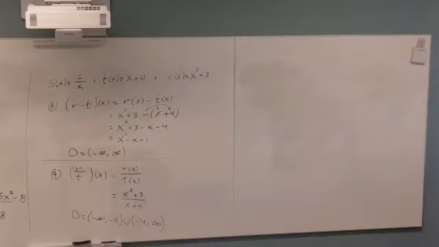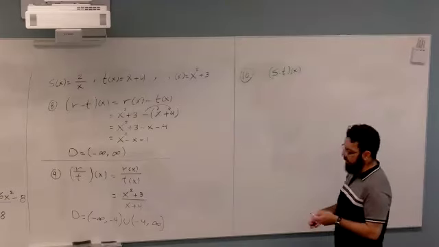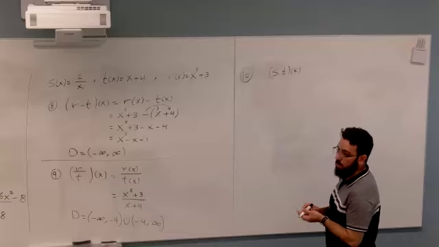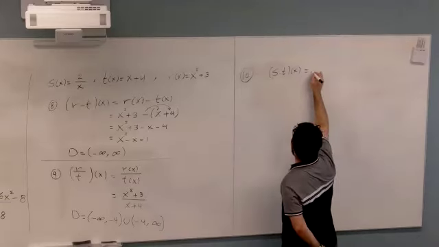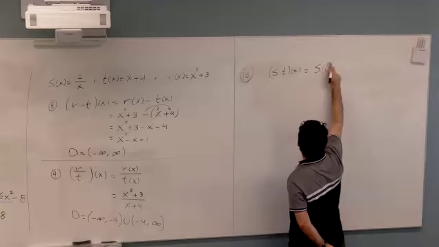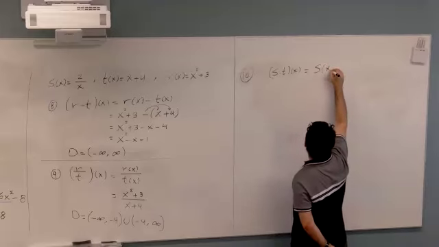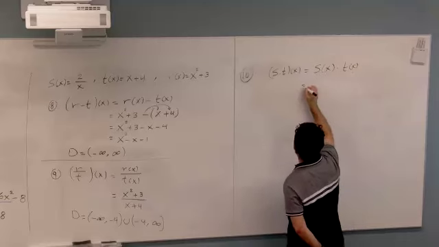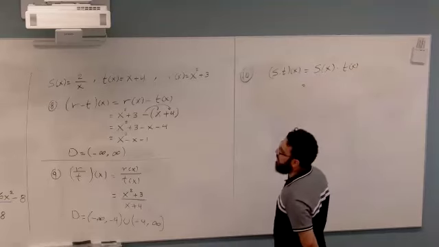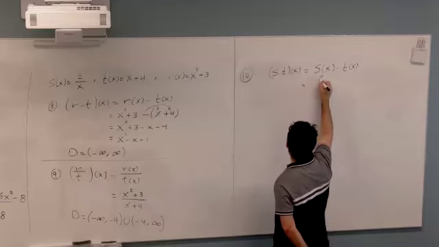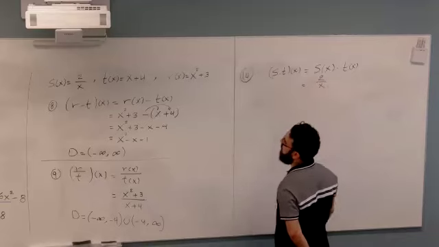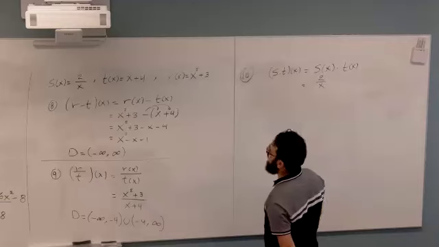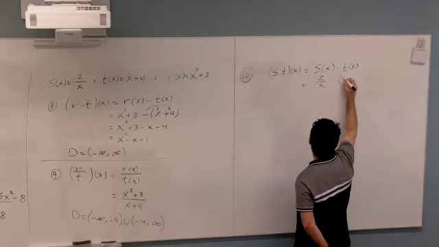Jump to the next one, which is equal to what? S of x times T of x. S of x, which is 2 over x, times T of x, which is x plus 4.